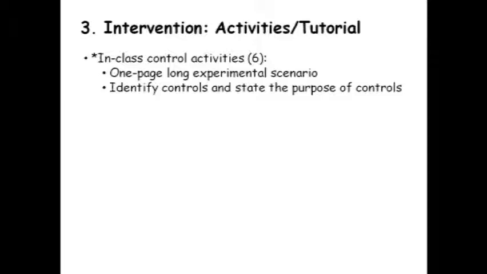We have roughly 8 control activities or tutorials we gave to students during the spring semester. 6 of these activities are 1-page long experimental scenarios, just like the one I gave to you. We mostly ask the students to identify what the positive controls in this experiment are, what the purpose of these positive controls is, what the negative controls are, if any, and to explain the purpose of that control.